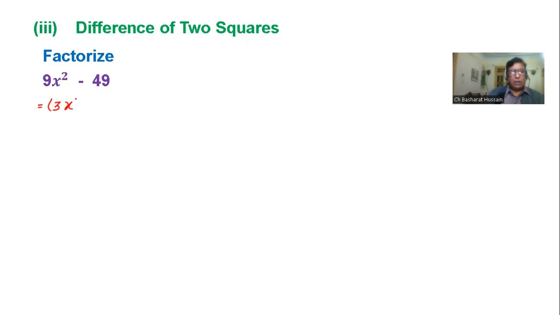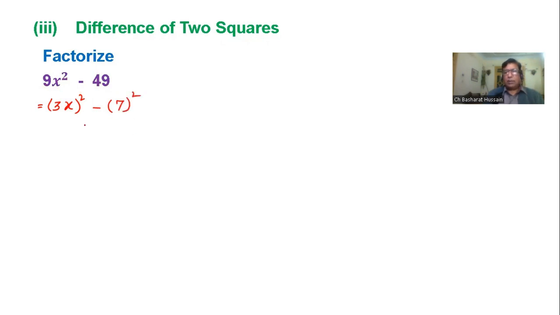So 9x square is a perfect square number. We can convert this as 3x whole power 2, because 3 square is 9 and x power 2 is x square, and 49 is the square of 7. 7 square is equal to 49.